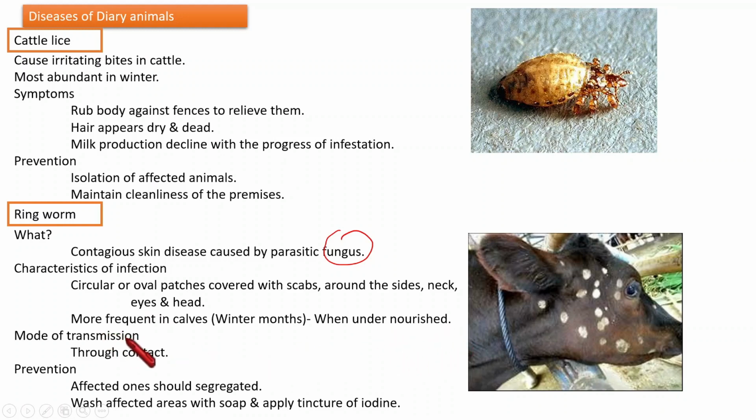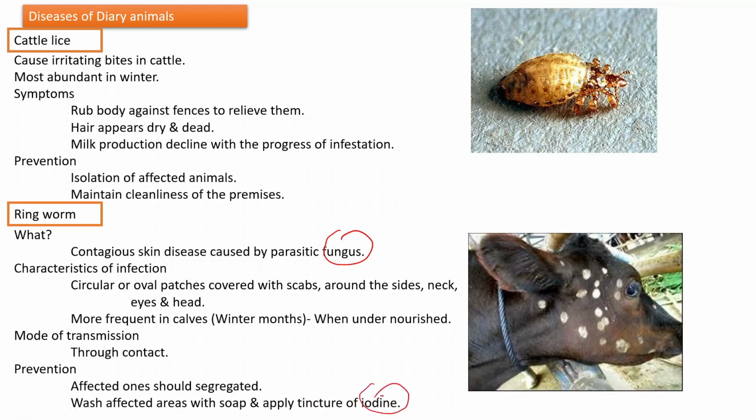Then what's the mode of transmission? Through contact. How can we prevent it? We need to isolate the affected one, wash all the affected areas with soap, and apply tincture, meaning small amounts of iodine.